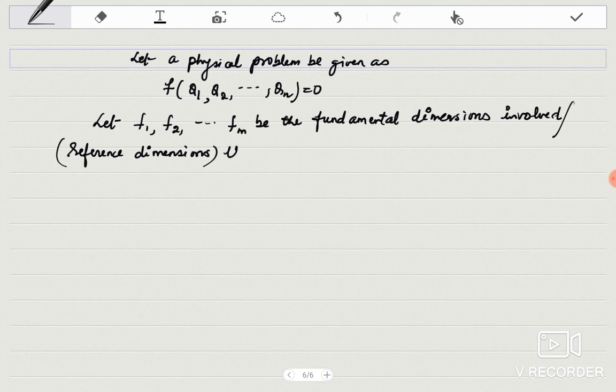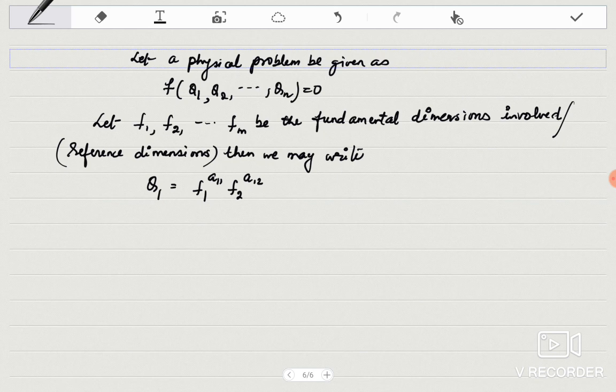Then there exist m, if there are m fundamental dimensions, then we may write q1 in terms of f1, a11, f2, because these are the fundamental dimensions.